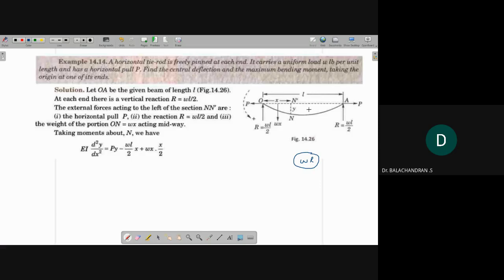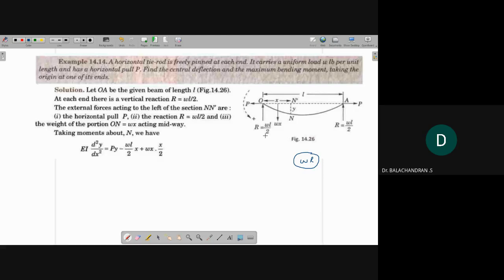If you want to share some idea on the theory behind why it is WL by 2, you can tell. Otherwise, we will discuss the same concept tomorrow also. This is the first part.